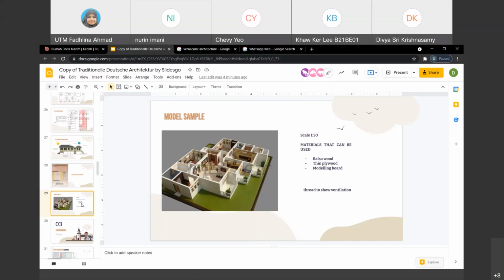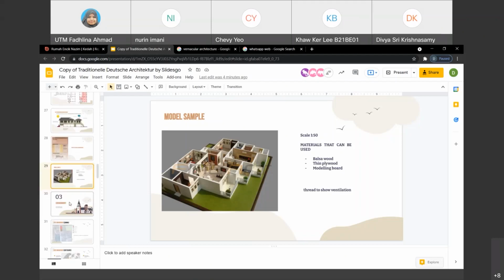And since there are some space openings to show the ventilation, maybe I can use a thread to show the flow of ventilation. Yep, so that's all from me, Doctor. So the next presenter is Amir.